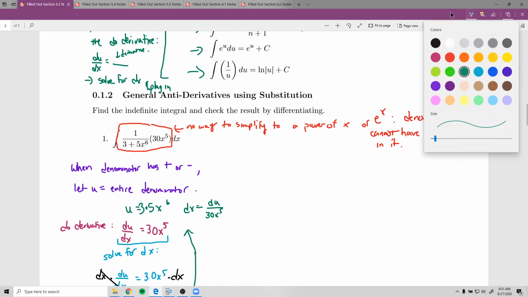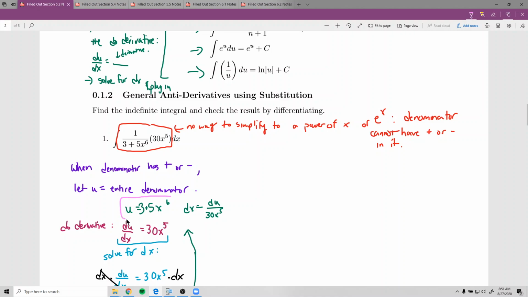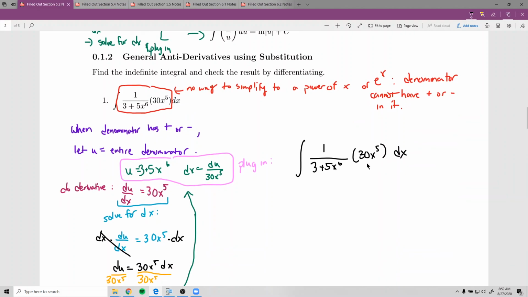Now what we do is we plug in. What I mean by that, I'm going to rewrite the integral first. We got 1 over 3 plus 5x to the 6th times 30x to the 5th dx. And when we plug in, the denominator is what we made u. And then, even though we have a 30x to the 5th in the dx part, I'm just going to leave that alone.